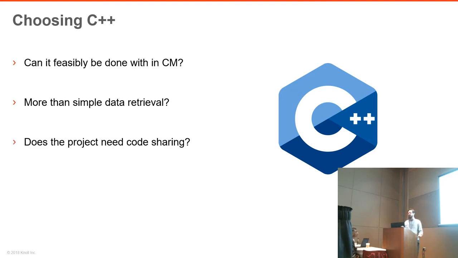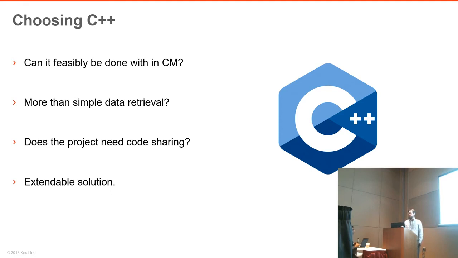And then another thing is, it doesn't need code sharing. So if you're using this DLL in multiple tools, like with Knoll, we have several developer tools that we write custom for our data developers to help with their tasks, with their job. So we needed an extendable solution. And knowing C++ as I do, I figured I might as well go down this route and explore the options.